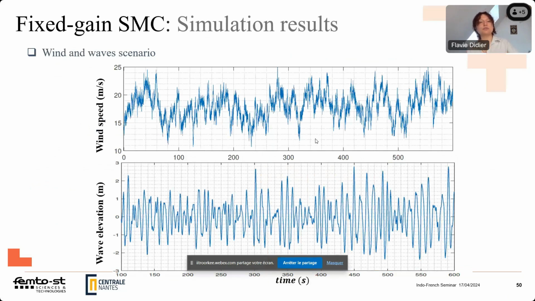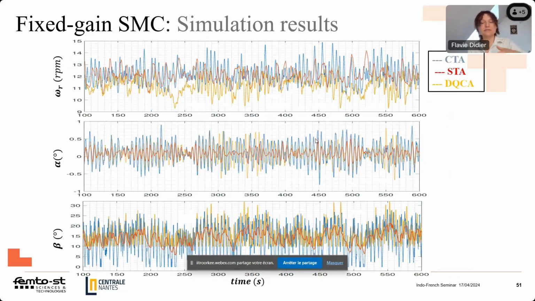For the simulation results, here is the wind and wave scenario used, with a mean wind speed of 18 meters per second with 15 percent turbulence. And here are the simulation results. For the DDA, the Ding discontinuous algorithm, the performance was not great, so it's not represented here.